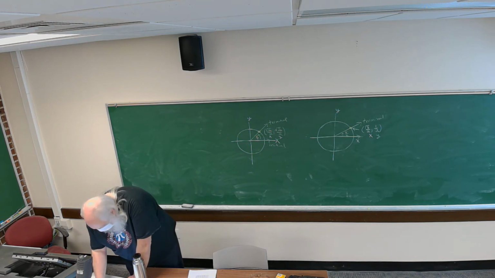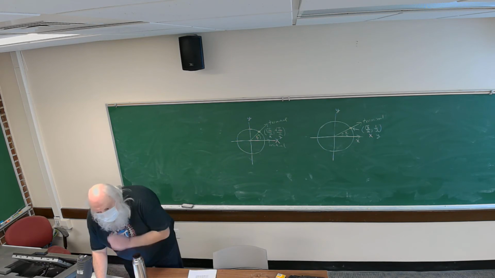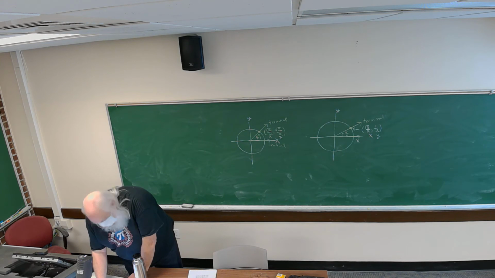In the third quadrant here, the terminal side of the angle crosses the circle in the third quadrant, and x and y are both negative in the third quadrant, so both cosine and sine will be negative.